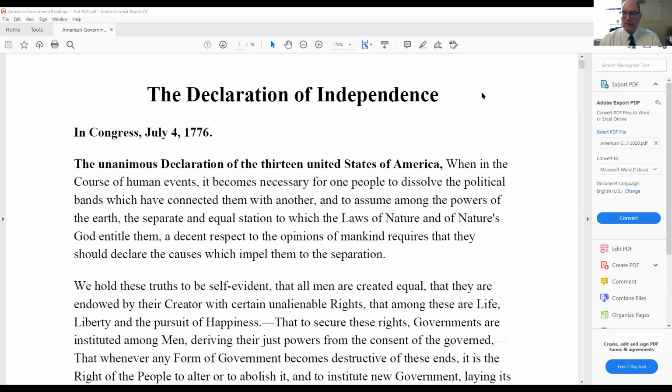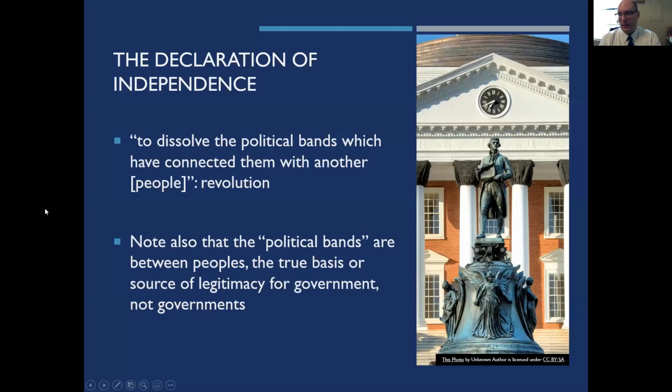Okay, basically what it's saying is that when you're going to declare your independence and basically say that it's time for you to assume an independent status in the world, to which people are entitled by nature and nature's God, which we'll talk about in a second. But when you are going to do those things, the first paragraph is saying, basically, as Jefferson puts it, a decent respect for the opinion of the rest of mankind says you should explain why.